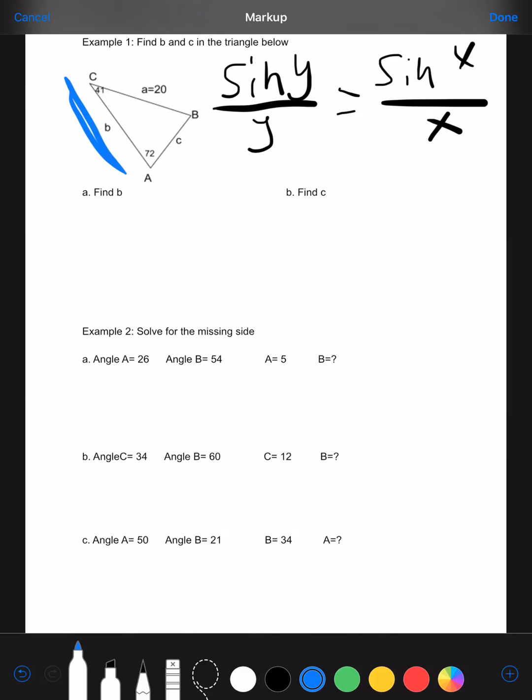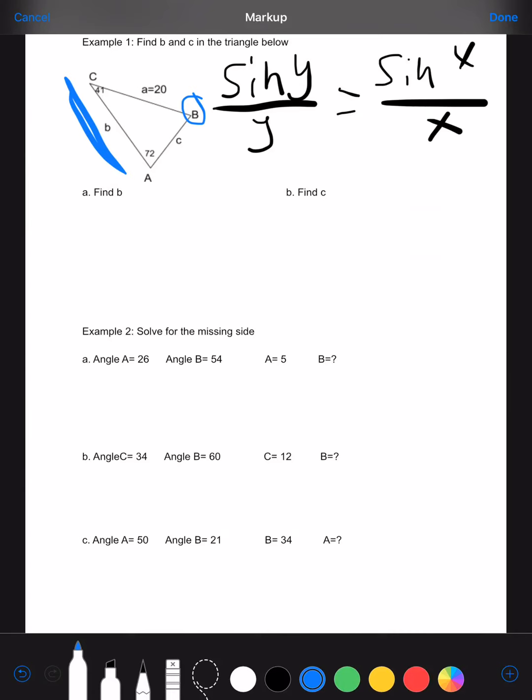First thing we have to do, actually, is figure out what angle B is also, because we need it for the formula, right? We have to have sine B divided by side B. That's hard to differentiate, but anyways, to be able to do this.